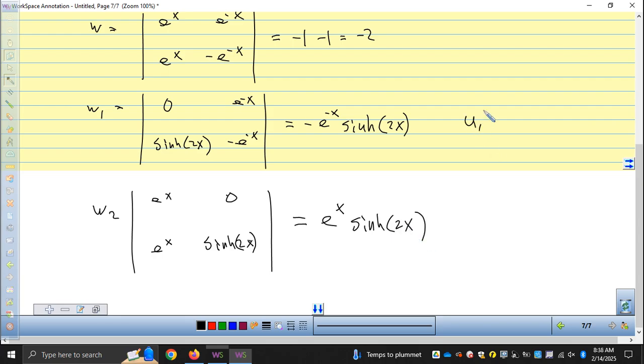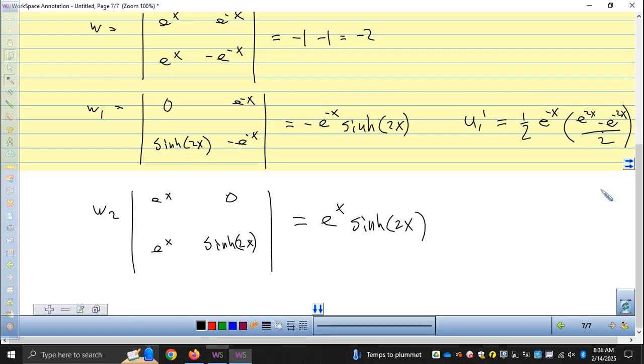So u1 prime is this whole thing divided by -2. So u1 prime is, I'm going to write it as 1/2 e to the minus x sinh 2x, which is e to the 2x minus e to the minus 2x over 2, so we can integrate.